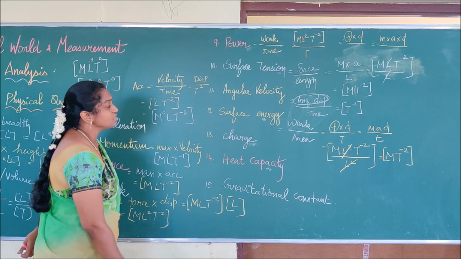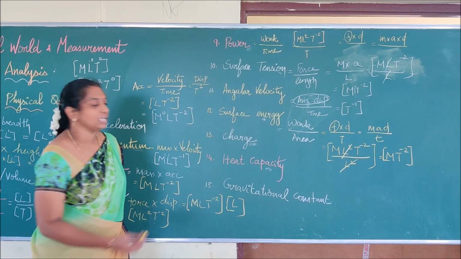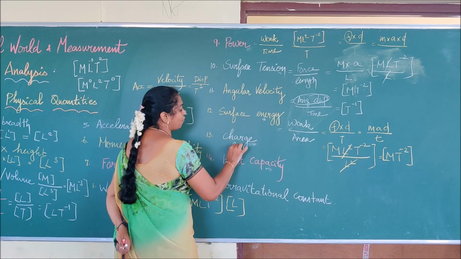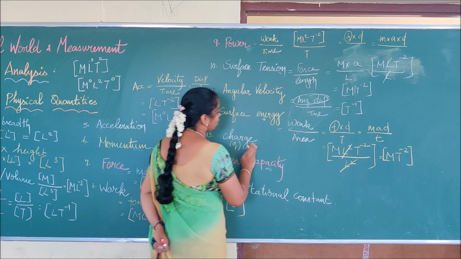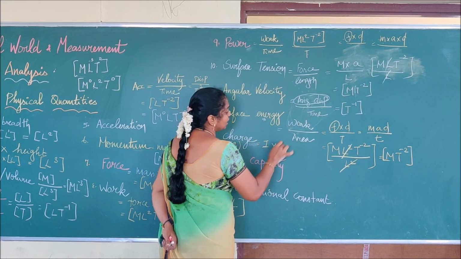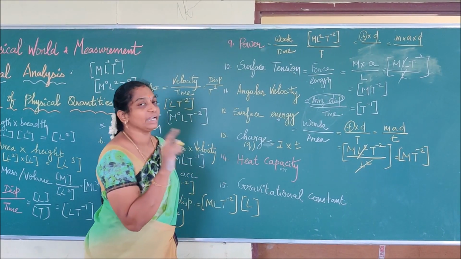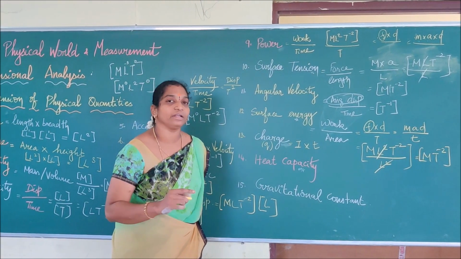Right? Then comes charge. What is charge? Charge is represented by the symbol Q. So Q is equal to current into time taken. Current is represented by the symbol I, and time by T. This is symbol, right? Not formula. So current into time taken. Current means electric current. What is the electric current's dimensional value?